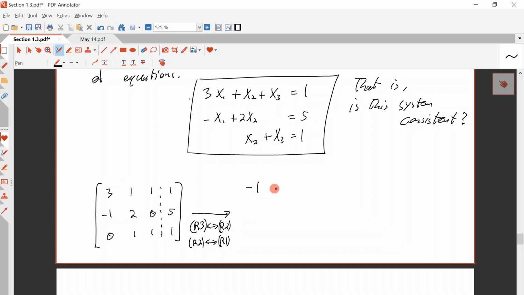It's going to give me -1, 2, 0, 5, then 0, 1, 1, 1, then 3, 1, 1, 1. Actually, no, I'm not switching row 2 and row 3. I'm switching row 1 and row 3, and then I'm switching row 1 and row 2.